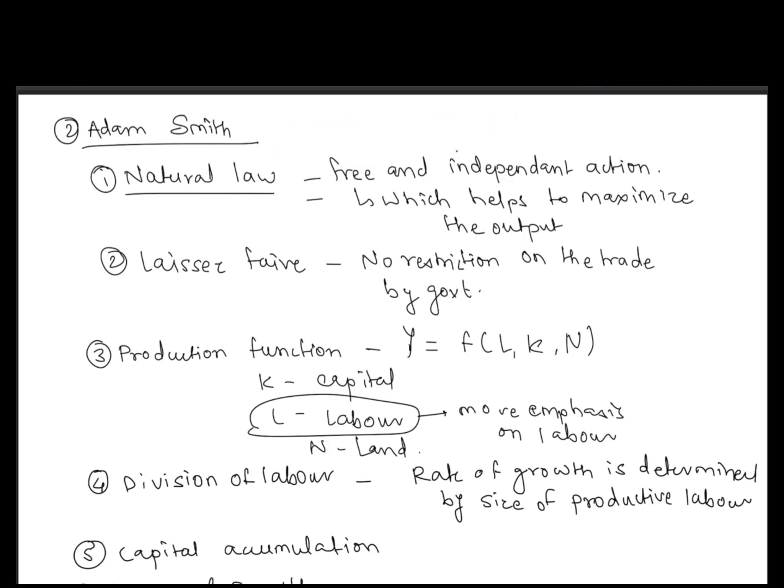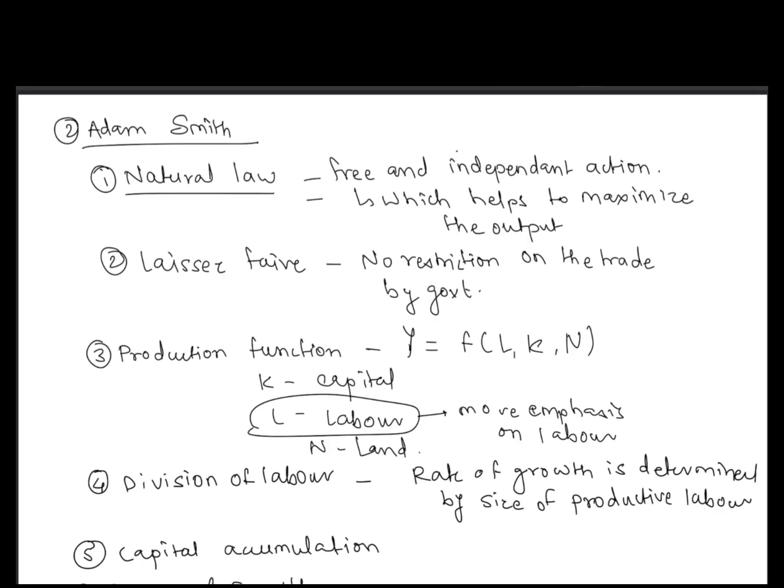The components are, first one, natural law, which he says is free and independent action for everyone, which helps to maximize the output, where he says that when one has freedom, he or she can maximize the output with his own ability. Second component is laissez-faire policy, which I discussed already.